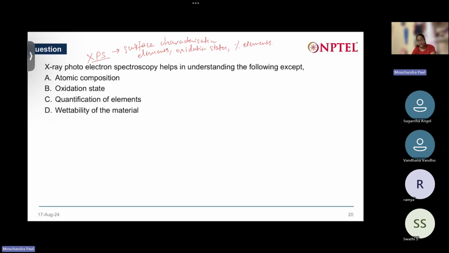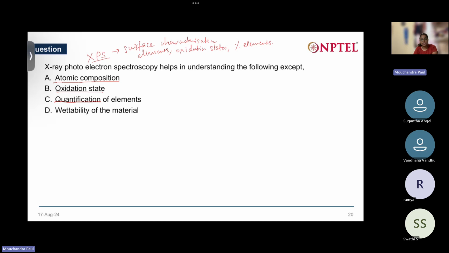So I'll directly tell you the answer. XPS can help you to understand the atomic composition. It can help you understand the oxidation states. Also, it can help you quantify the elements that are there.